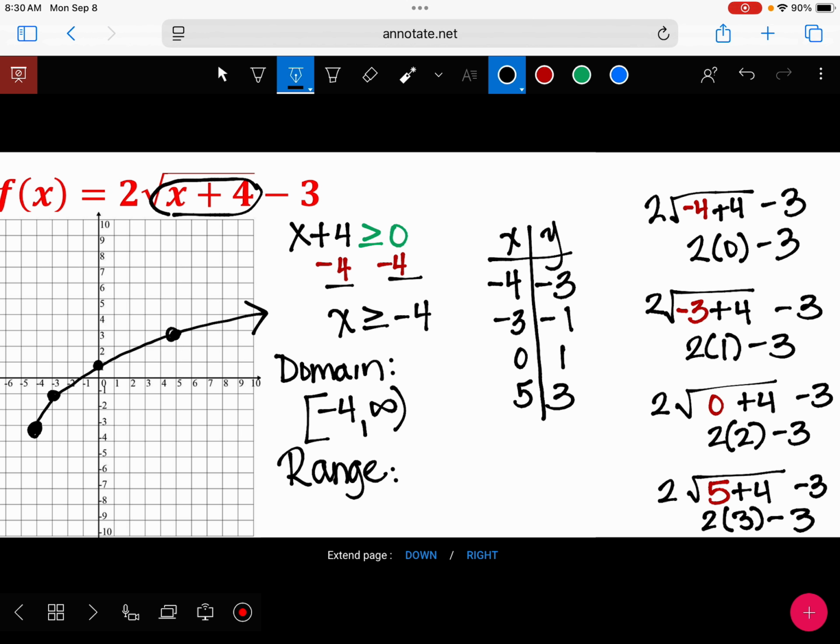What's her lowest y value? -3. And then are the numbers getting bigger or smaller? If you look at your chart, I went from -3. Did it go up or down? Up. So your range would be -3 to infinity.